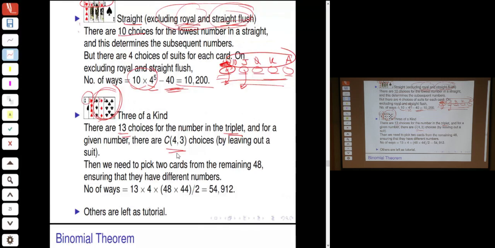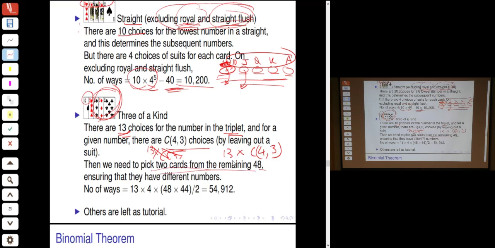So 13 choices for the number, and then for each choice of the number, there are 4 choose 3 choices of suits. So this gives you 13 times 4 choose 3. And we need to pick the remaining 2 cards from the other 48 cards.